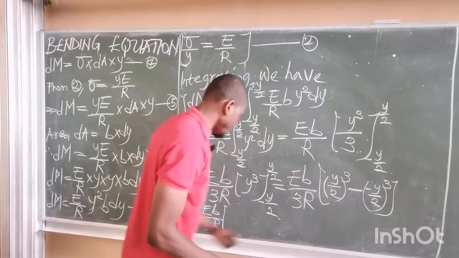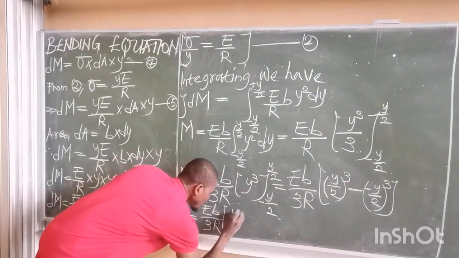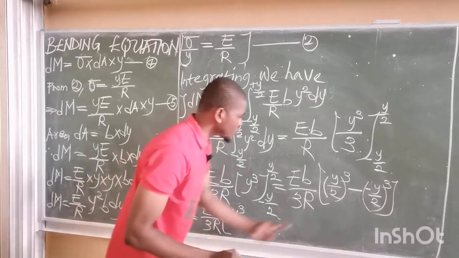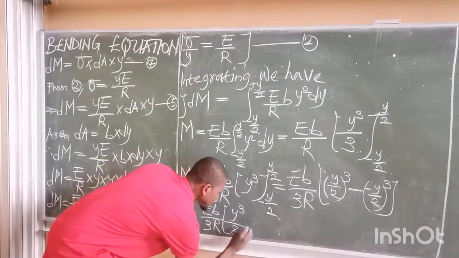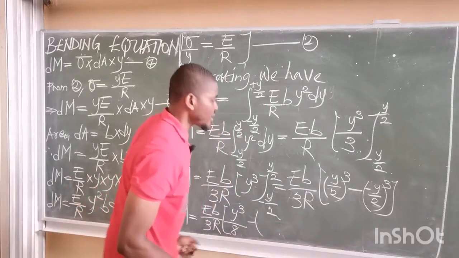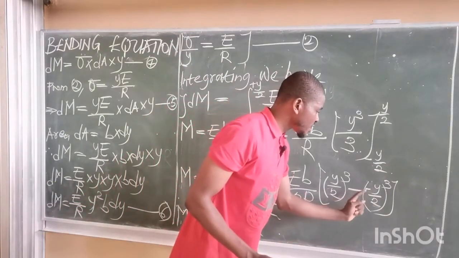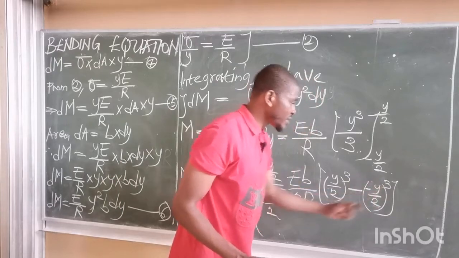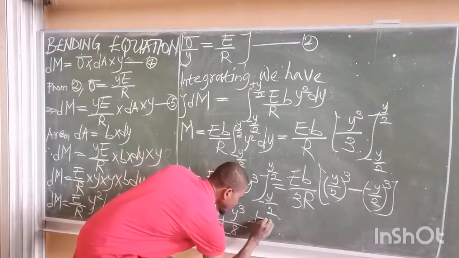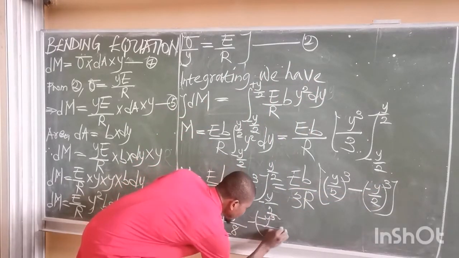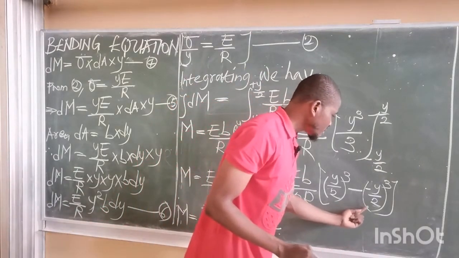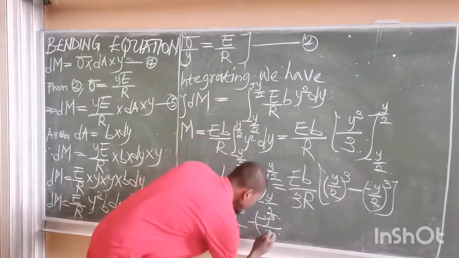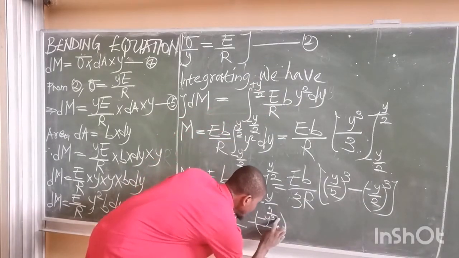So y to the power of 3 gives us y cube, over 2 to the power of 3 gives us 8, minus y cube over 8.